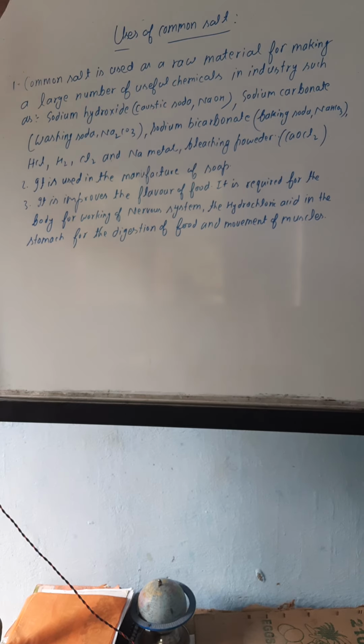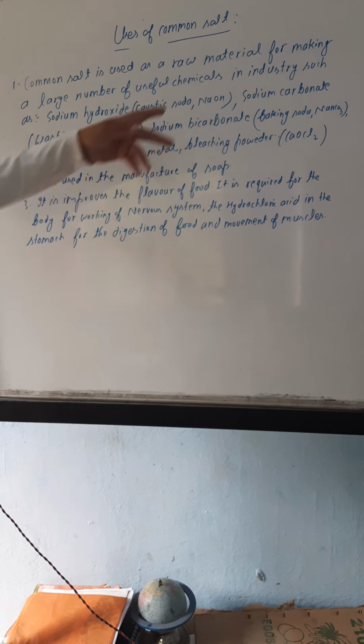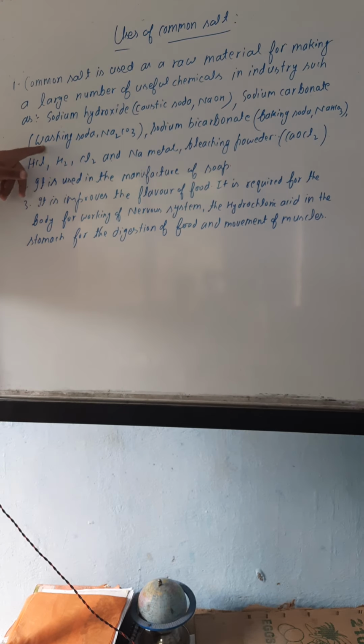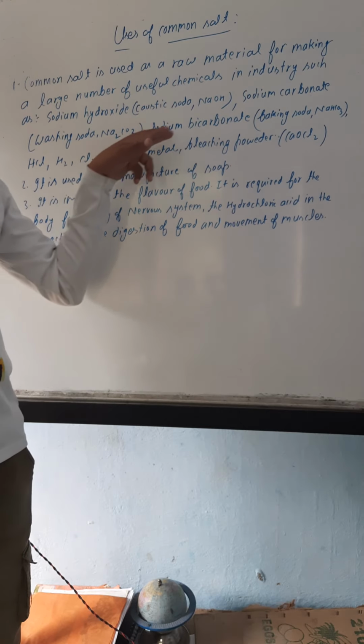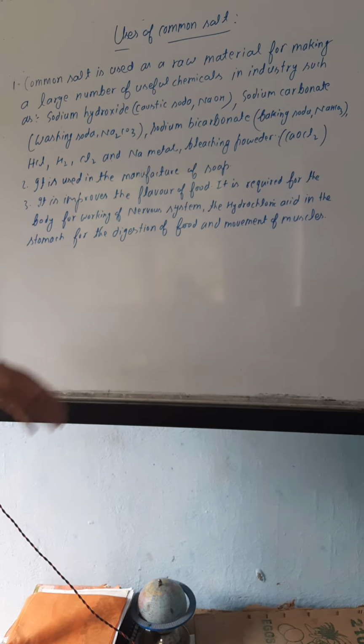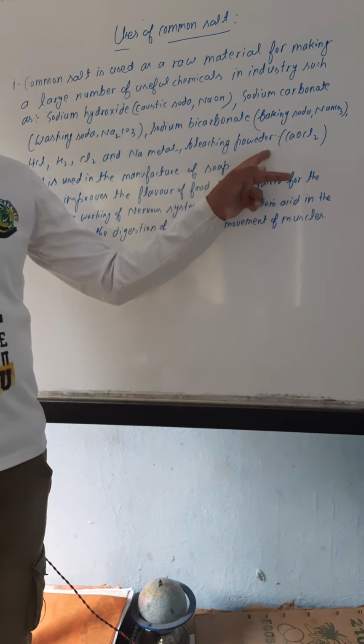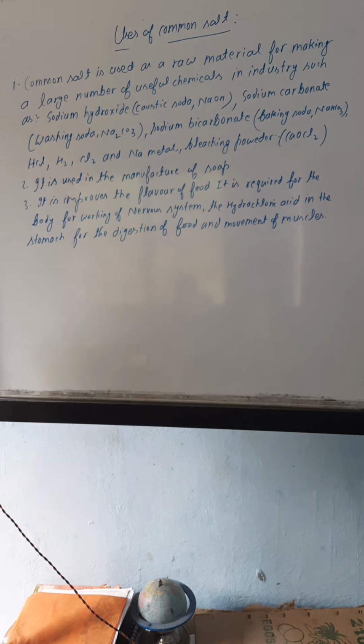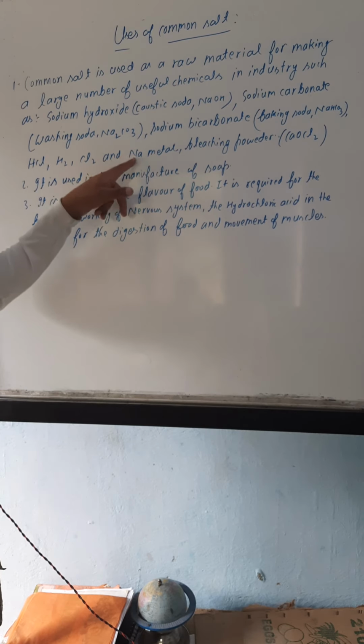Common salt is also used in the manufacture of sodium carbonate, Na2CO3, also known as washing soda, and sodium bicarbonate, NaHCO3, also known as baking soda. It is used in the manufacture of bleaching powder, CaOCl2, and of HCl, hydrochloric acid. The common salt is also used in the manufacture of hydrogen gas, H2, and Cl2, and also in the manufacture of sodium metal.